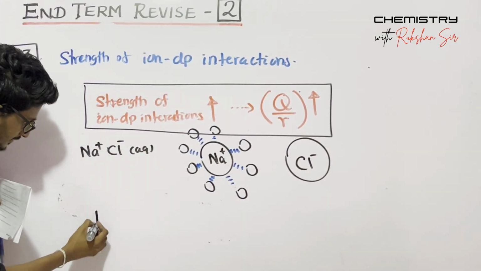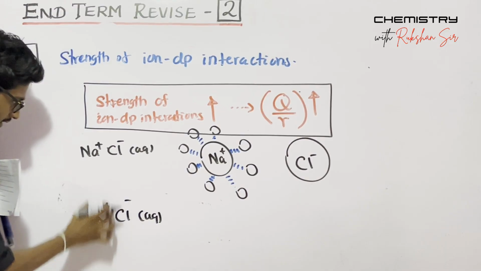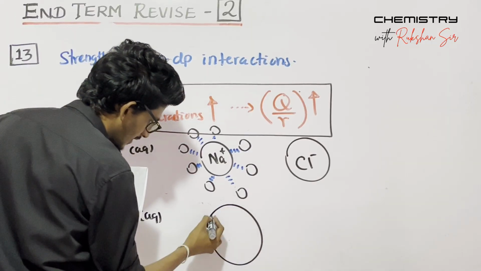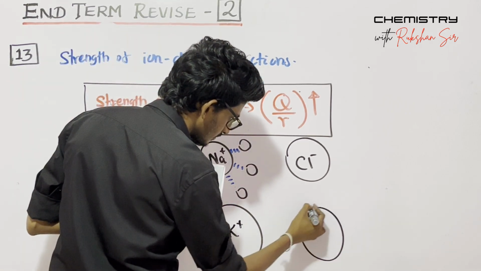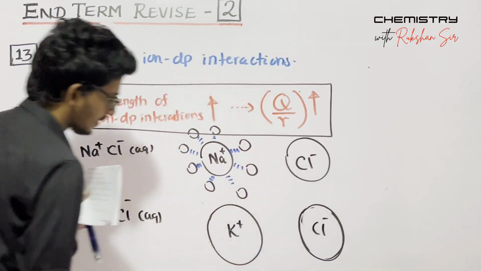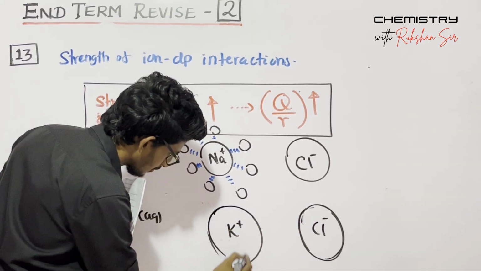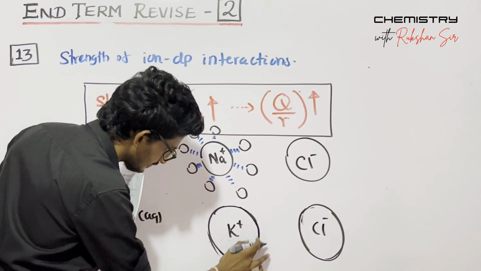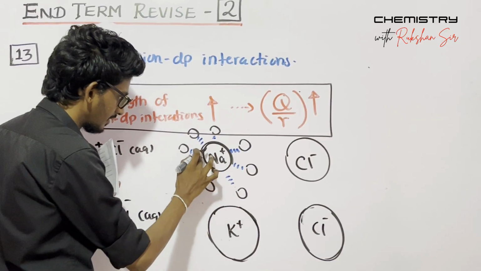When it comes to KCl, I just consider the K plus and the Na plus here because Cl minus is the same, right? The size of the potassium ion is large. Size of the potassium ion is a bit larger compared to the size of the sodium ion, which is a smaller size, right?